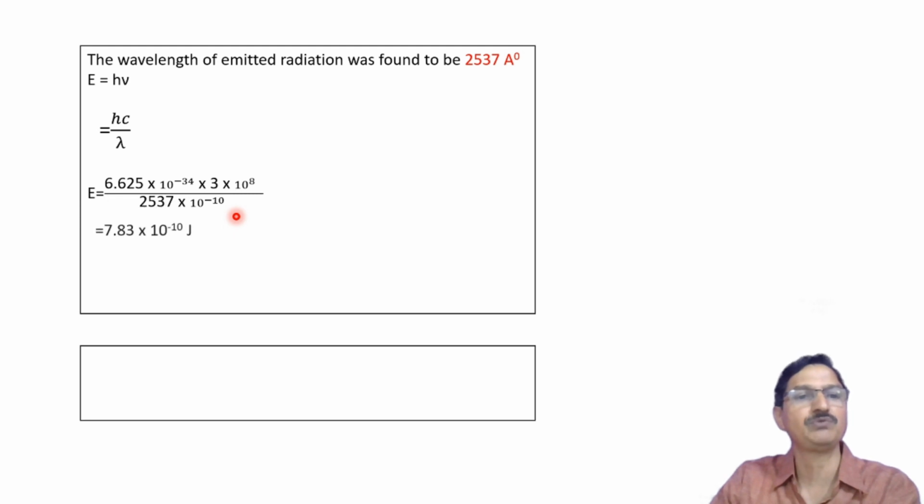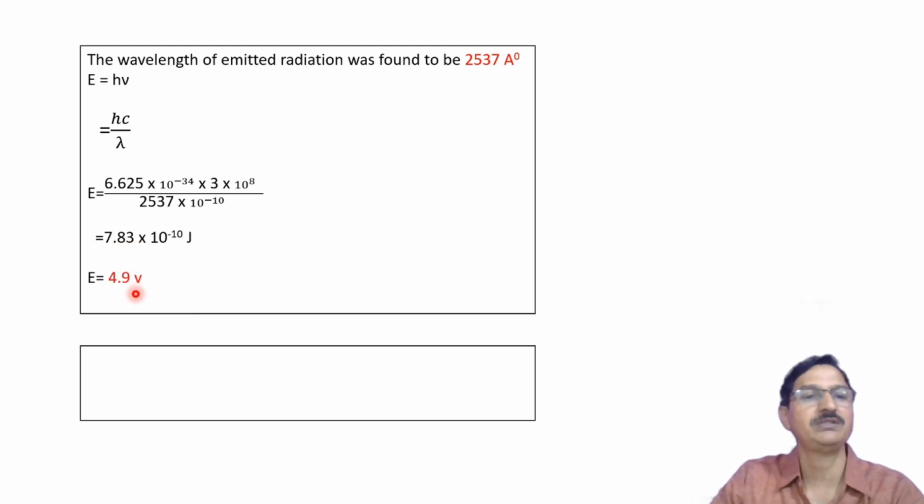So this comes to be 7.83 into 10 raised to minus 19 joule, or in terms of voltage, this energy is equal to 4.9 volt.